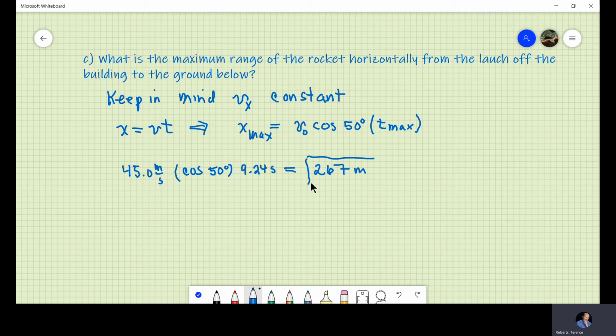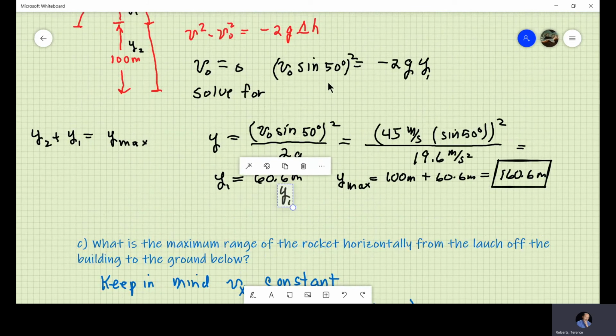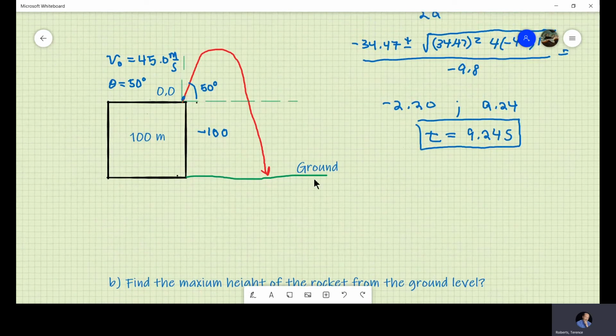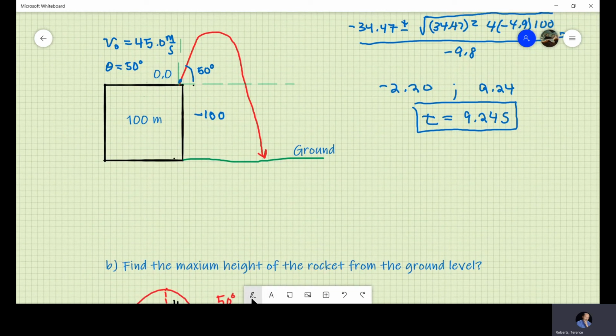So now we solved for part C. Going back to the diagram up here, that would be from top to x, from there to there. That would be x max.